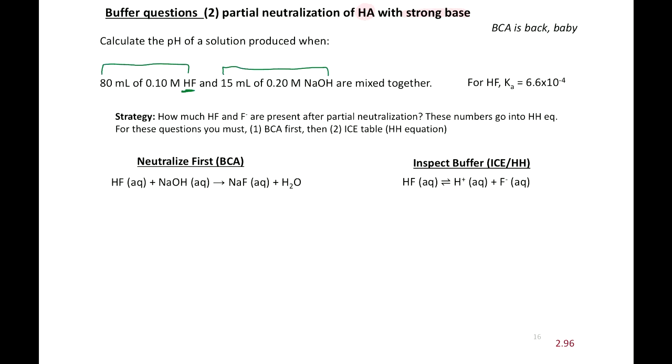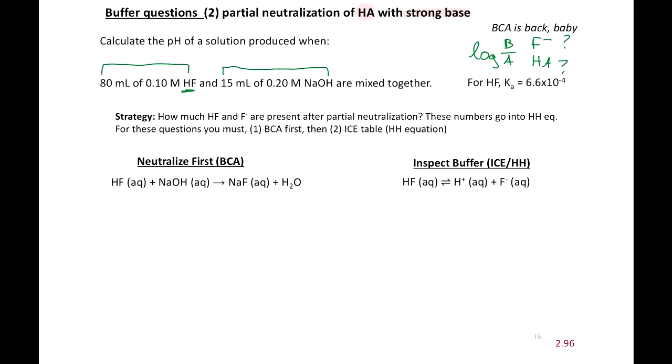Because remember, when we do the base to acid ratio, log base to acid, we need the conjugate base and the acid. So the sodium hydroxide value doesn't automatically go into that base spot in our log ratio here. We need to figure out how much F minus and how much HA we have in the solution once we mix these two things together. And that's what the BCA table is for.